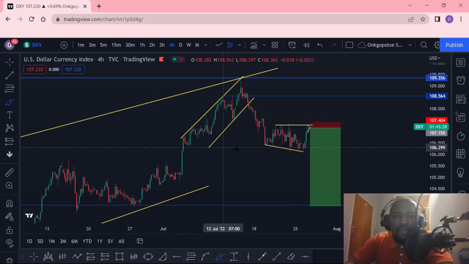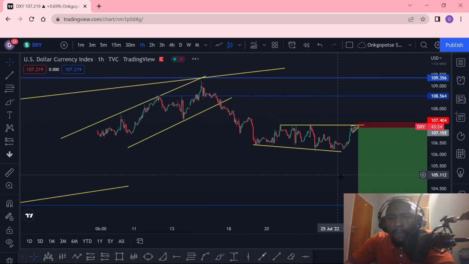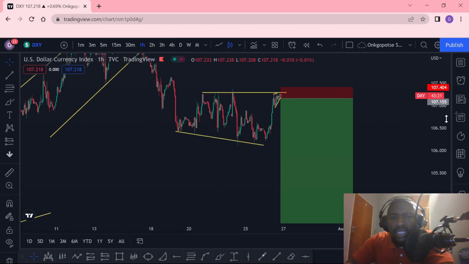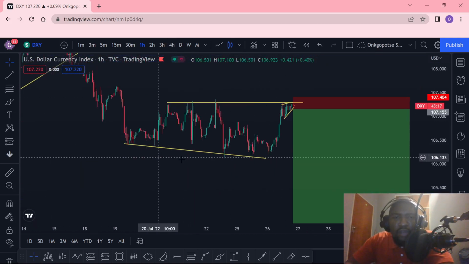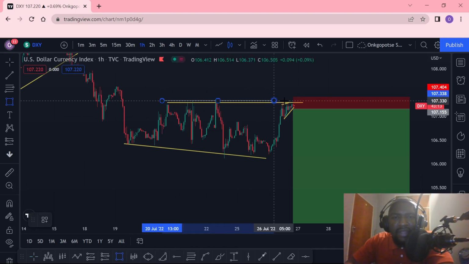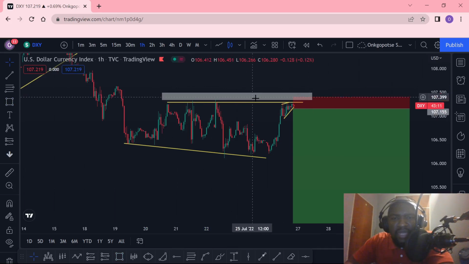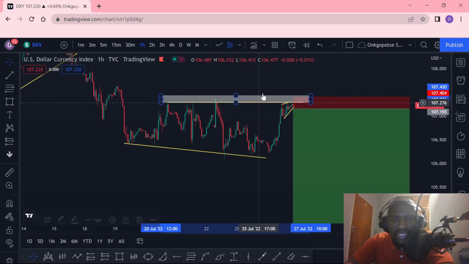From this particular moment you can simply see that on the 1 hour the DXY has formed a bit of a reversal pattern, based on the fact that we had this beautiful multi-touch on this resistance right here.